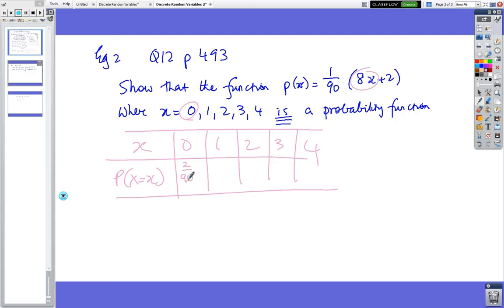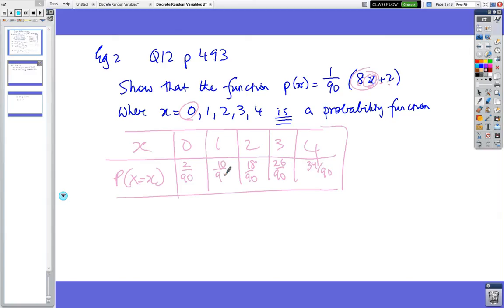Next one, x is 1, so 8 ones are 8, plus 2 is 10, so 10 over 90 is 1/9. X is 2, 8 twos are 16, plus 2 is 18. I'll leave it as 18 over 90 and worry about it later. 8 threes are 24, plus 2 is 26 over 90. And the last one, 8 fours are 32, plus 2 is 34 over 90.